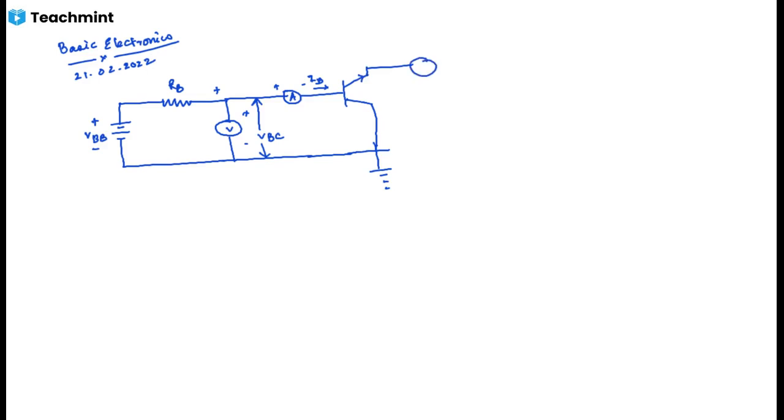This is the ammeter again. This is N. This is N. This is P. This is the IE flowing this side. This is plus, this is minus.